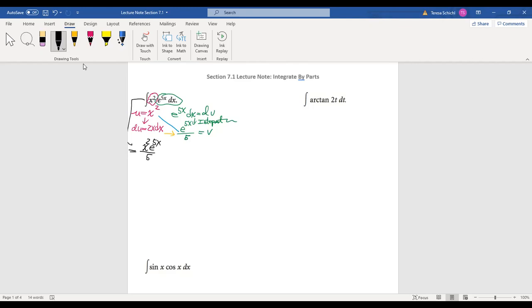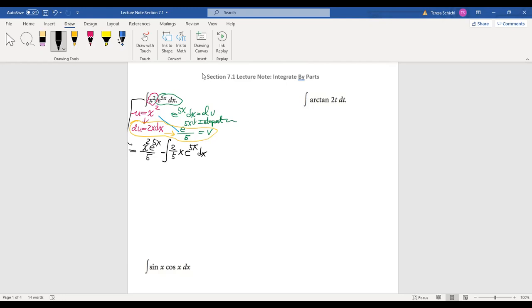Then minus v du, so it's minus 2 over 5 times the integral of x e to the 5x dx.